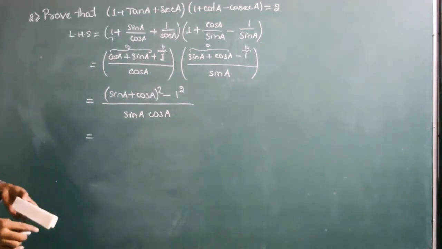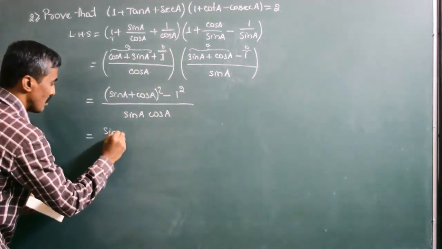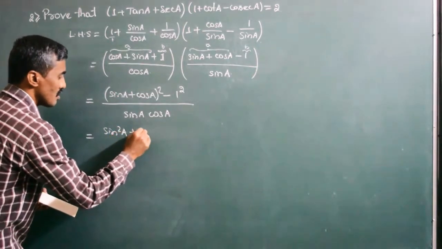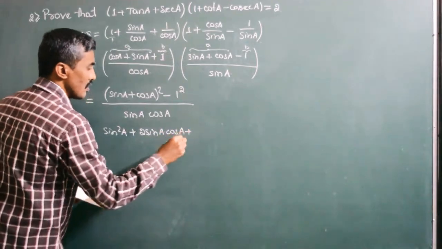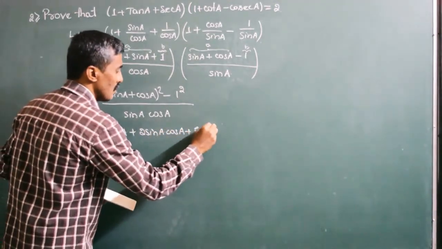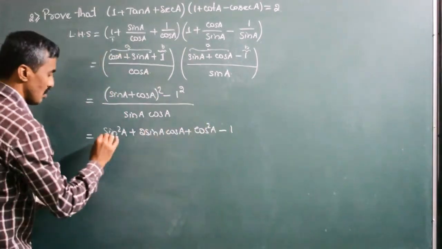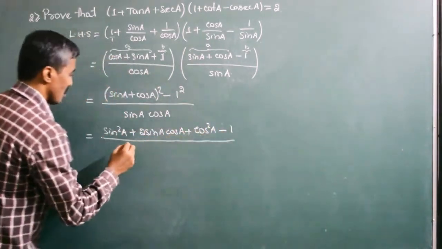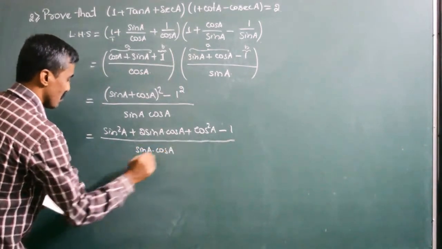What is (a plus b) whole square? a square plus 2ab plus b square. So it becomes sin square A plus 2 sin A into cos A plus cos square A minus 1 square, it is 1, whole divided by sin A into cos A.